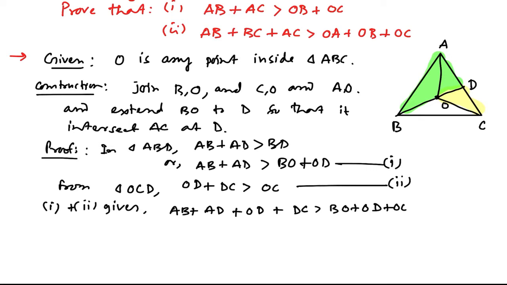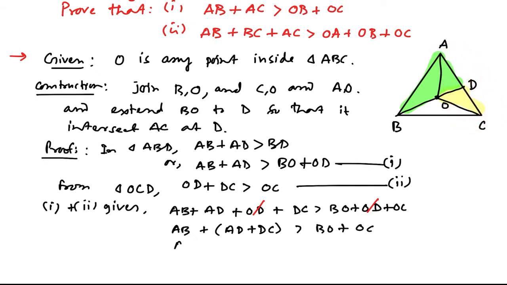Now we have to cancel OD from both sides. AB plus AD plus DC is greater than BO plus OC, and look at this carefully, AD plus DC is equal to AC.